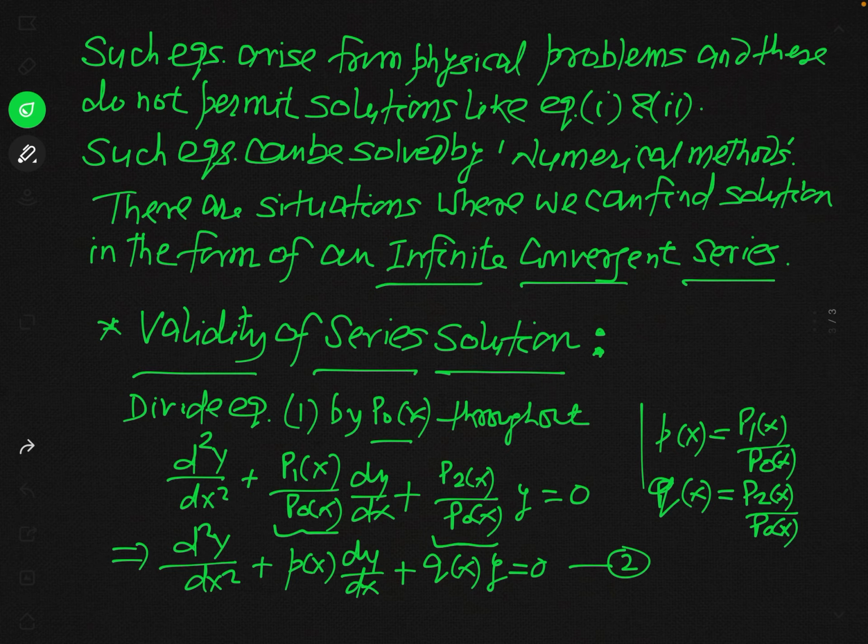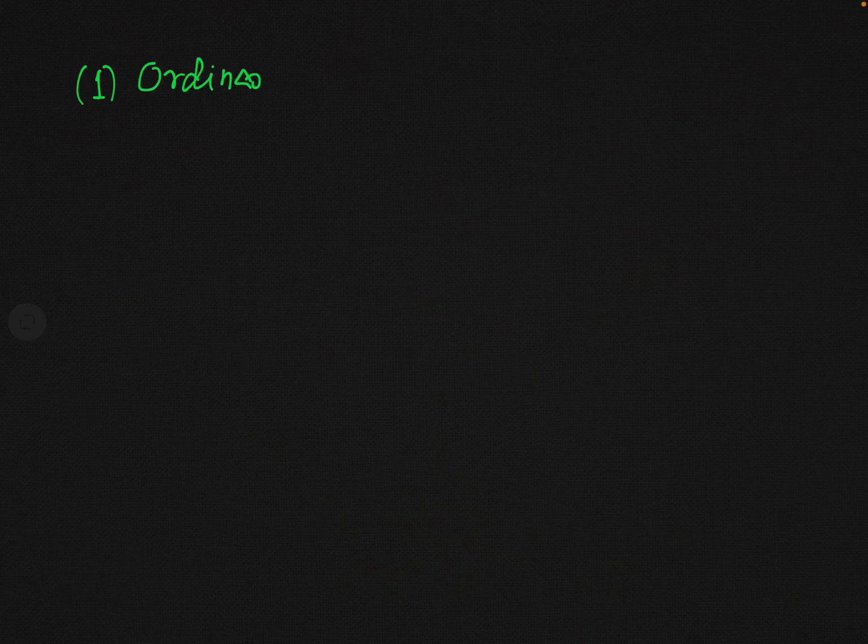So now we will see the conditions under which the series solution of such equations is valid. First of all, see the first condition, in which we will discuss a particular point that is called an ordinary point.